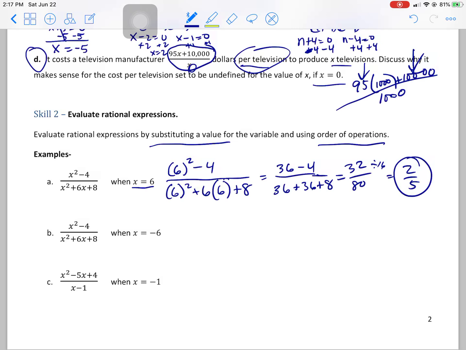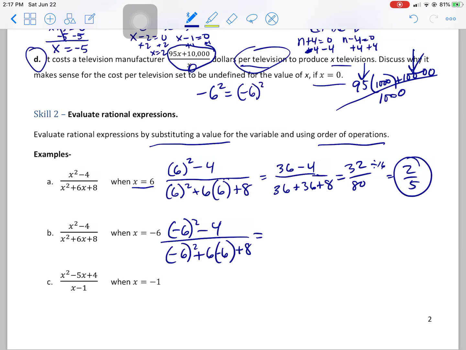Okay. This is why you need the parentheses. It's very important. Okay. Just for clarification, if you have -6 squared, is that the same as that?